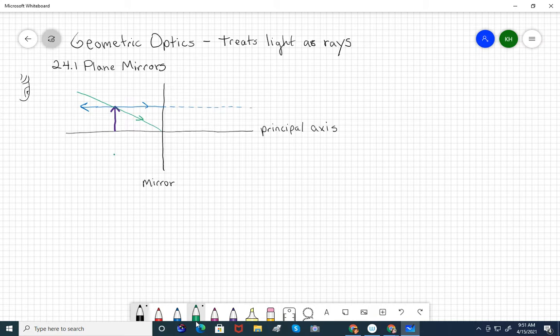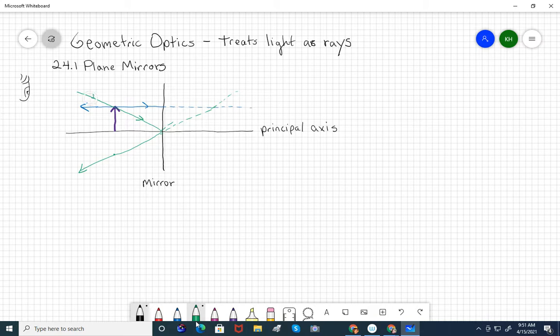So it's going to reflect like this. It's hard to draw it perfectly. Again, your eye sees that ray is coming from back here somewhere, and it's really hard to get this perfectly straight. But that's where that ray appears to be coming.